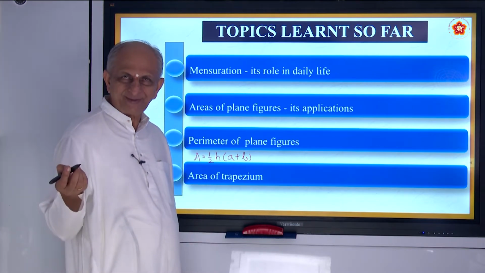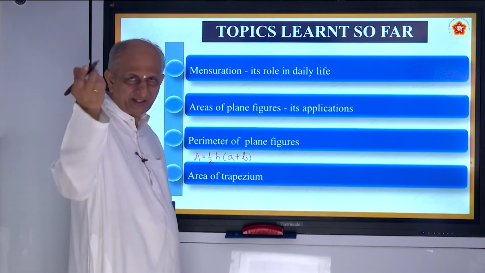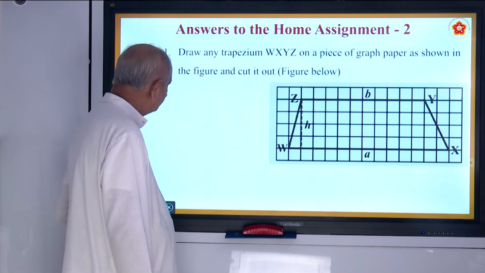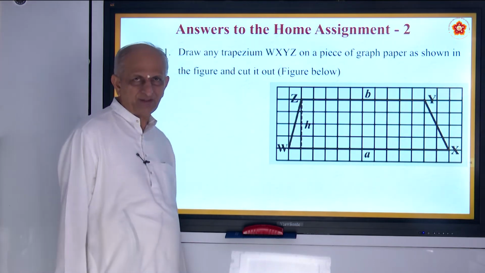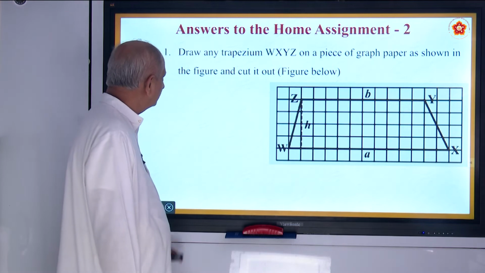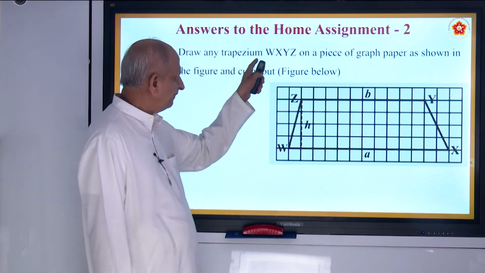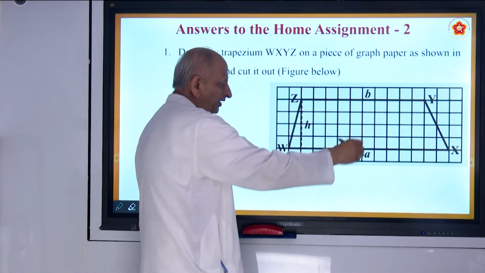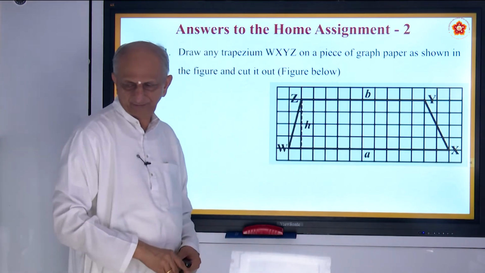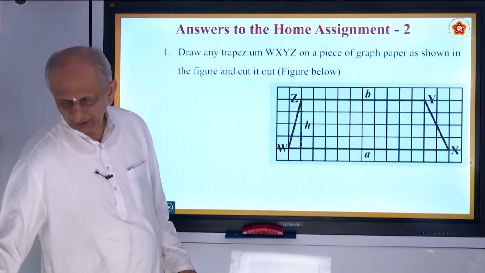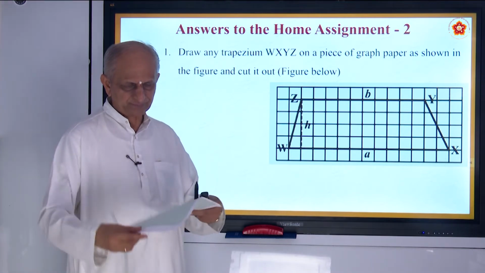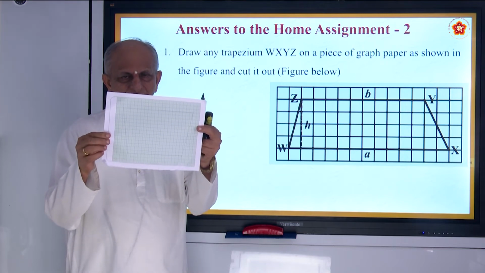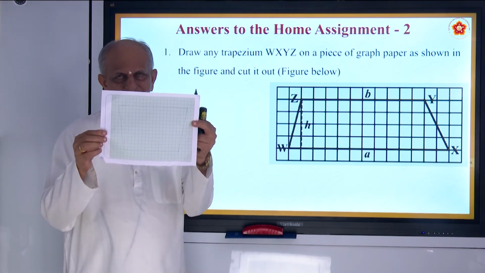Now shall we go to the home assignment? If you have done it, just check once. So here is a beautiful question. The question says, draw any trapezium WXYZ. So you must take a graph sheet. In that graph sheet, so this is a small example of a graph sheet. All of you may be having it, correct? So there will be squares there.